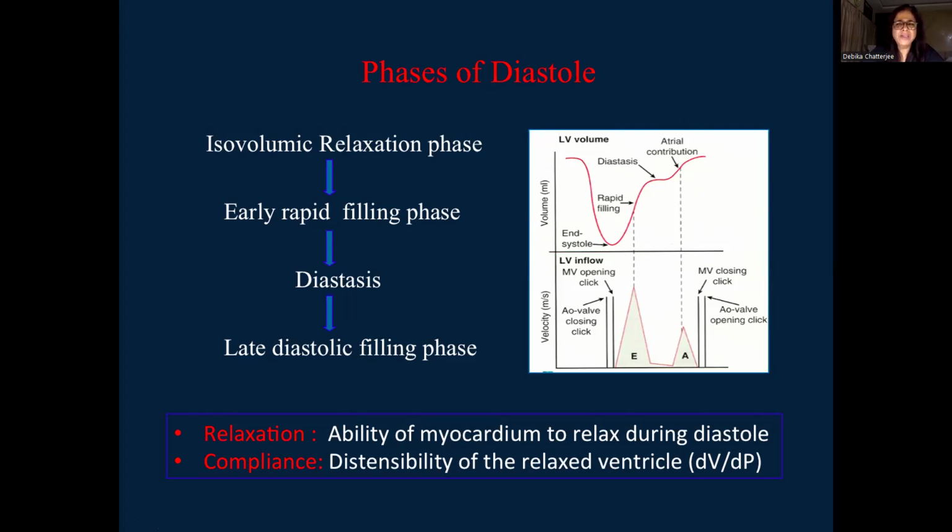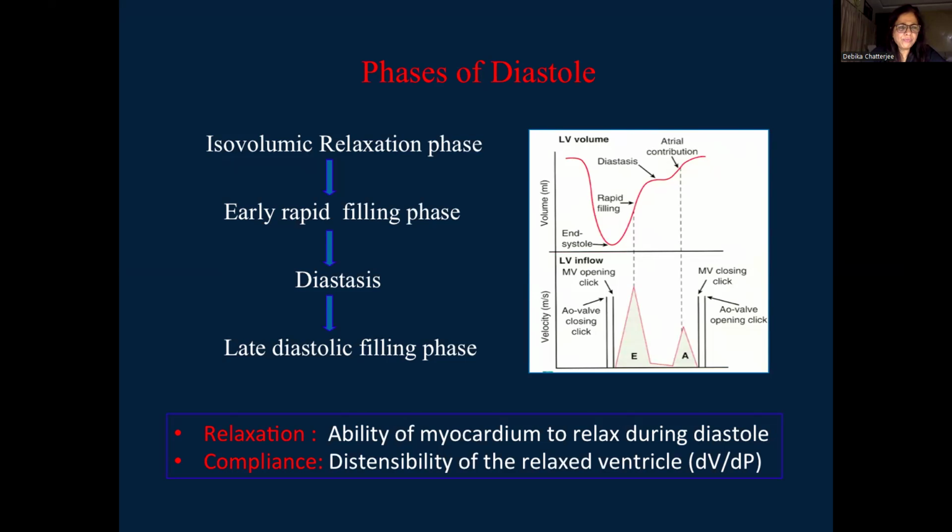LV is compliant and it receives a huge amount of blood during the early rapid filling phase. Now, as it receives, the LV pressure goes up, and a time comes when the LV pressure and LA pressure become equal again. There is no more pressure difference, so blood cannot flow from the LA to LV because of the pressure difference.